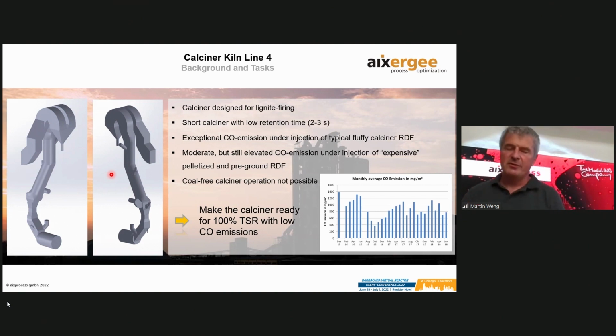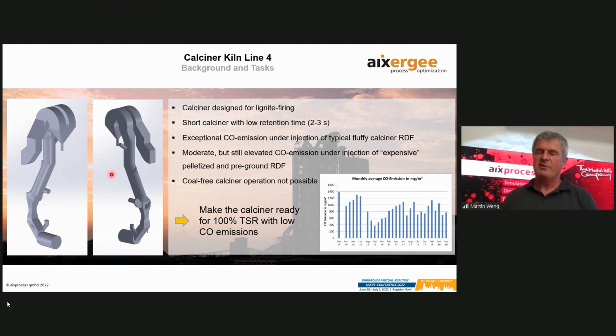But although I mentioned that the cement industry is kind of conservative, they tended years ago in Europe to decarbonize their production. That was not originally mainly for CO2 reasons.